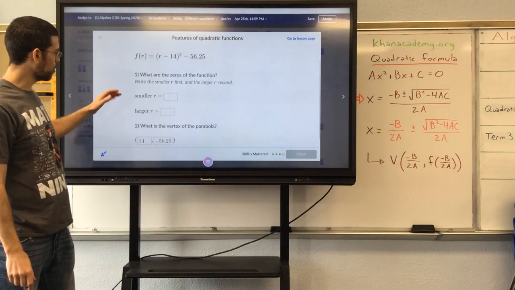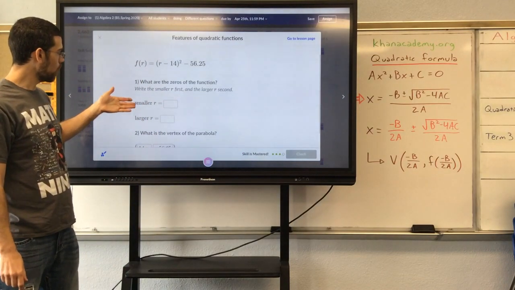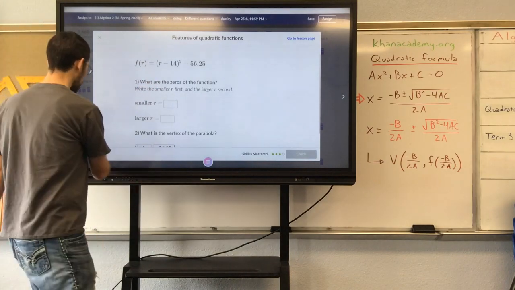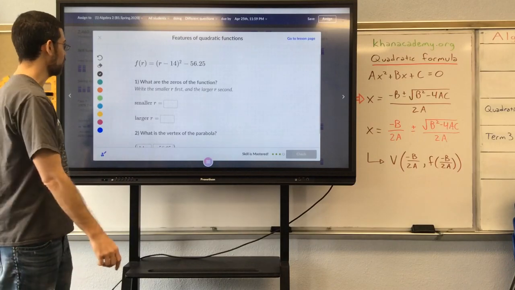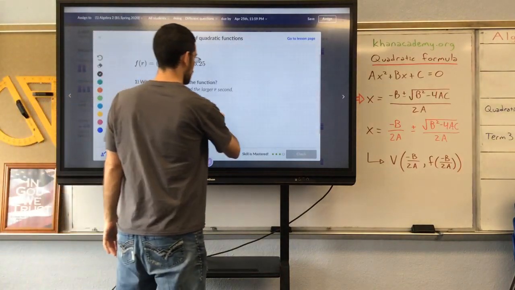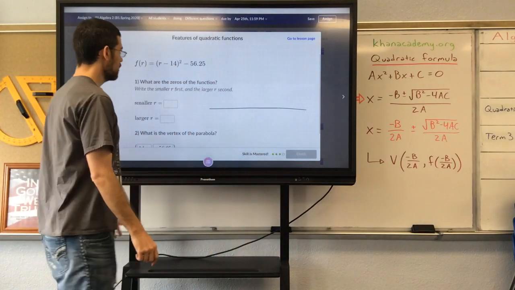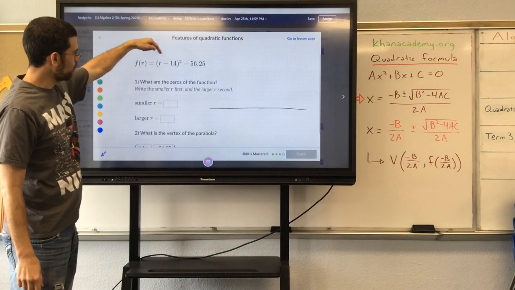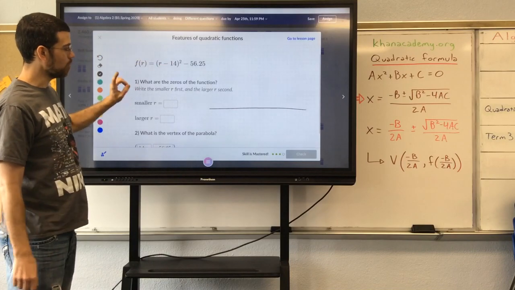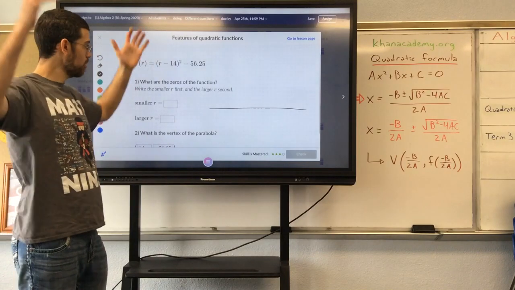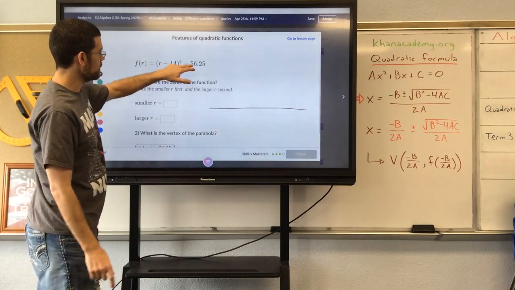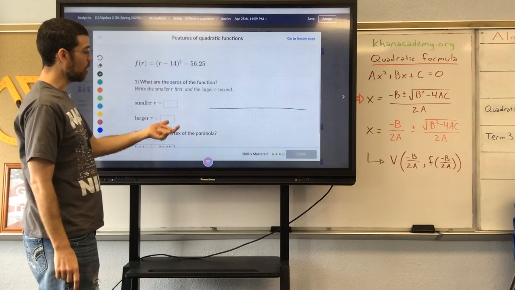The next part of this question says, what are the zeros of the function? Well, first of all, let's give ourselves a graph of what's going on here. Our constant in front of the first term is positive, so we know we open up, and we know where our vertex is. It's at 14, negative 56.25.